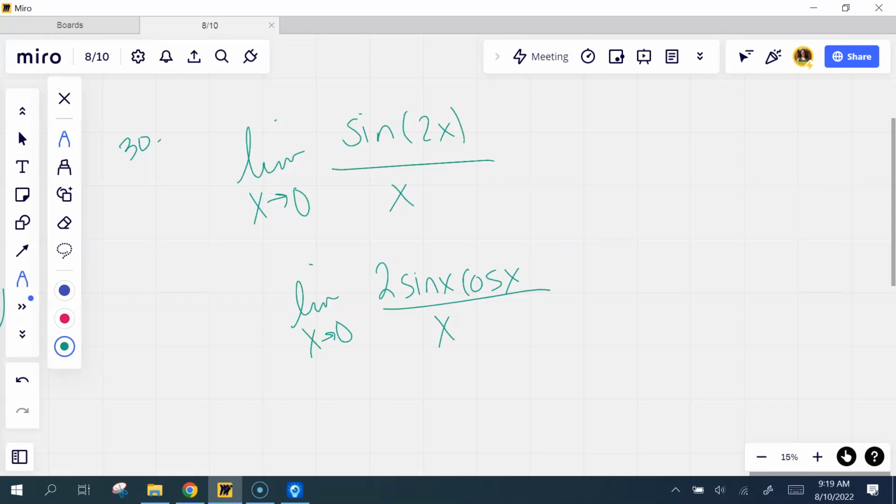That's exactly right. Yeah, look at your identity sheet. Look at that double angle identity. These don't come up a whole lot, but they come up enough that, especially, there's some that come up more. The double angle identity does come up quite a bit.